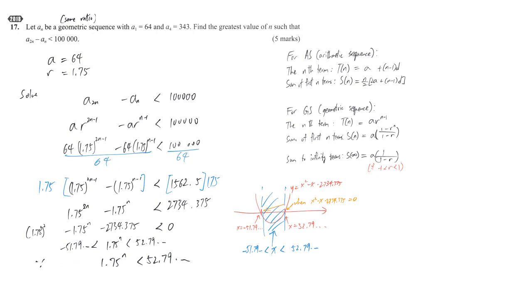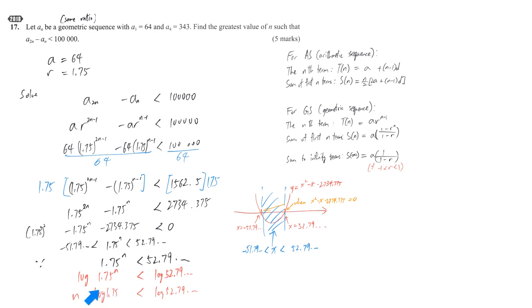And then if we take log on both sides, one property of the log is that a larger number will give a larger index. So that's why we can take log on both sides for inequalities. And also we don't need to change the direction. So we have n times log 1.75 is smaller than log 52.79.